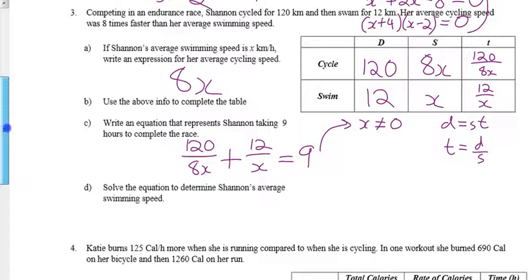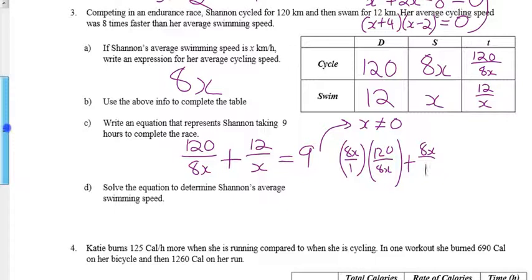Okay, what's the LCD? 8x. We're going to multiply everything by 8x. So 8x over 1 times 120 over 8x plus 8x over 1 times 12 over x equals 9 over 1 times 8x over 1.